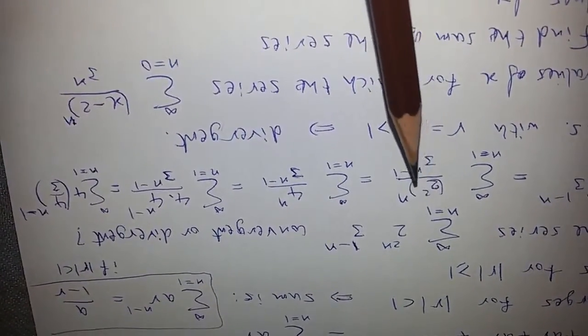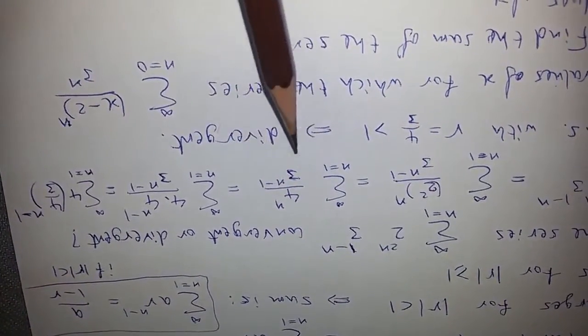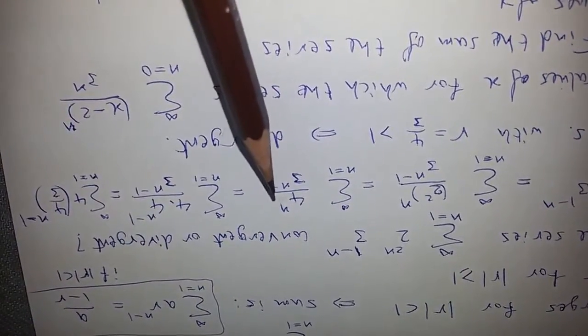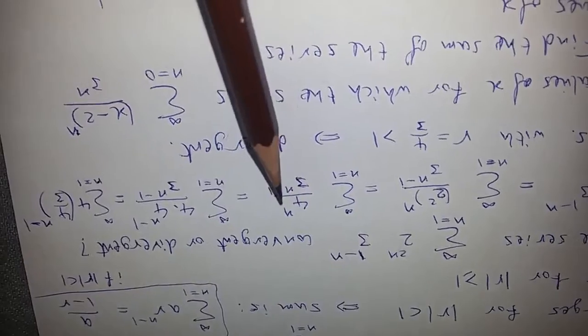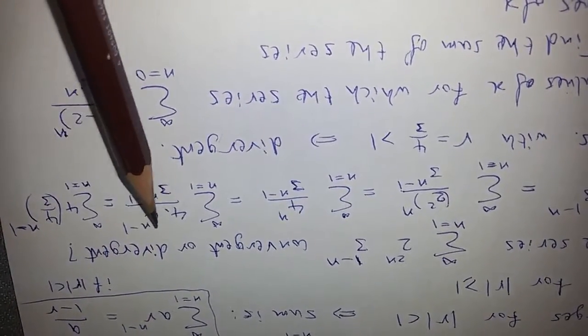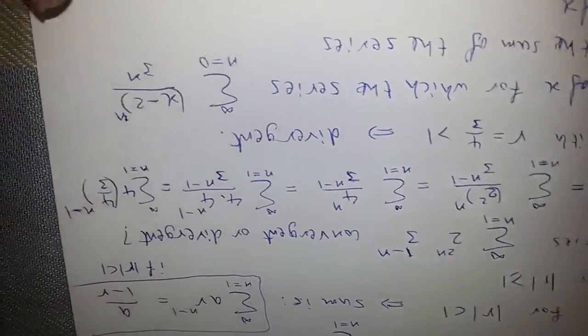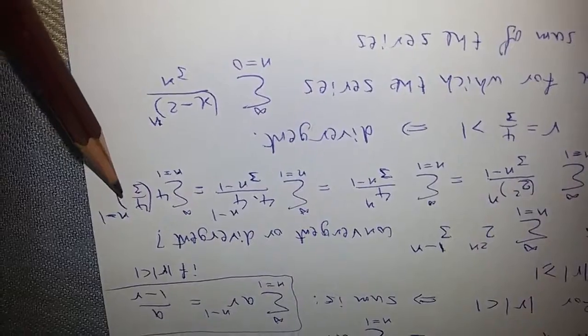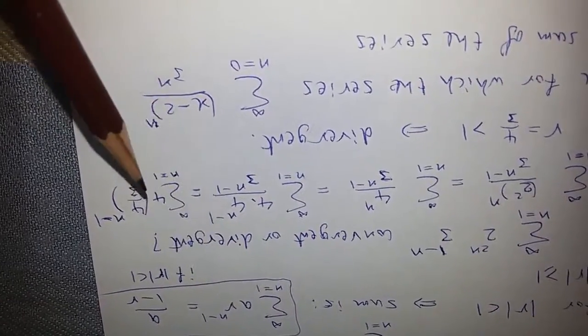Now this is 4 to the power n. Okay, I need n minus 1 here. Can you make n minus 1 here? Yeah, 4 to the power n could be written as 4 times 4 to the power n minus 1. Now I can take 4 over 3 all to the power n minus 1. So this is exactly written in this form.